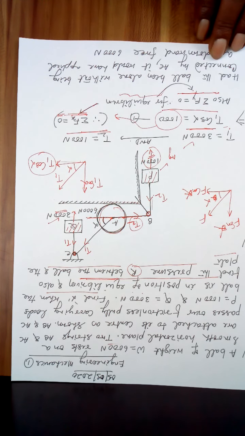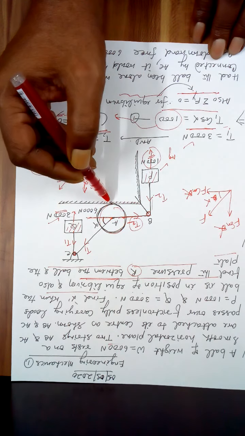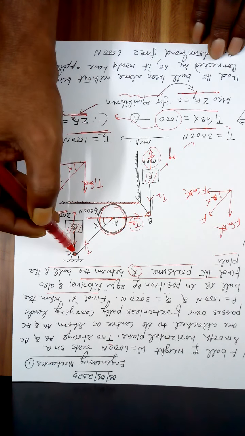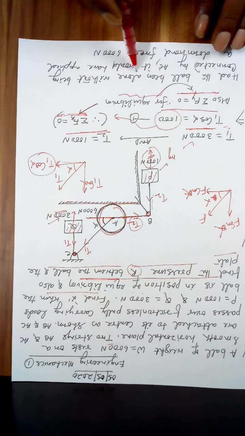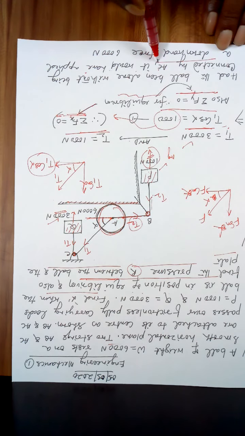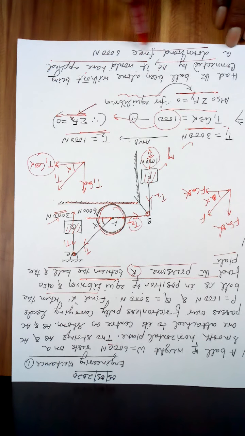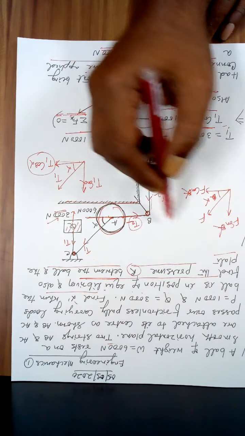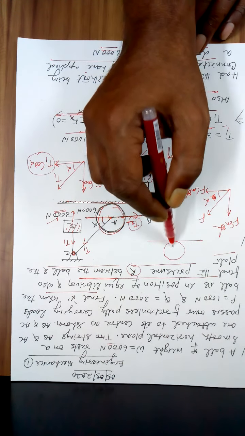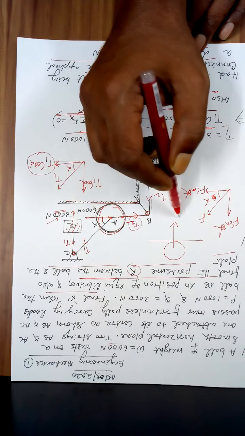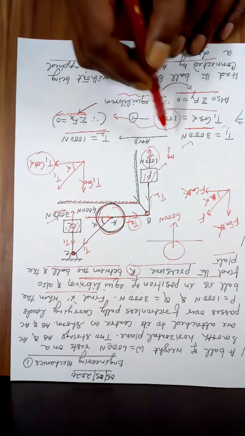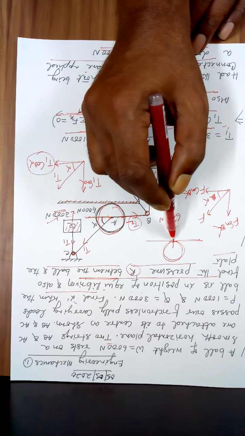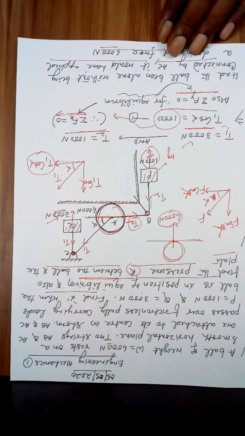Now something interesting to understand here: had this ball been alone here without being connected by AC, it would have applied a downward force 6000 Newton. Since it's spherical, it is touching the surface at a single point, therefore this is the pressure, force per unit area.